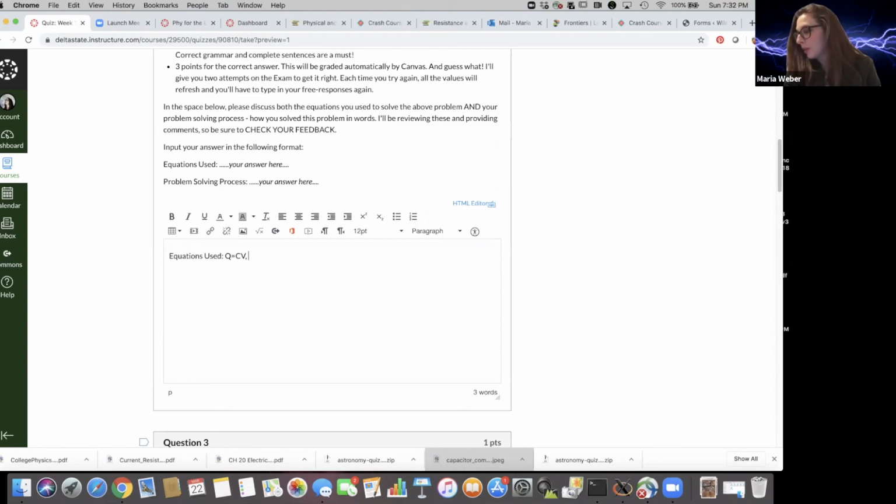We're also going to have to use to solve this problem the equations for capacitors in series and parallel.